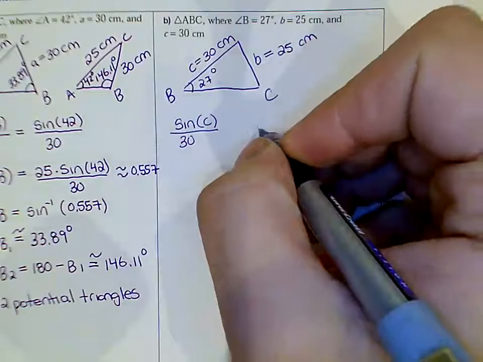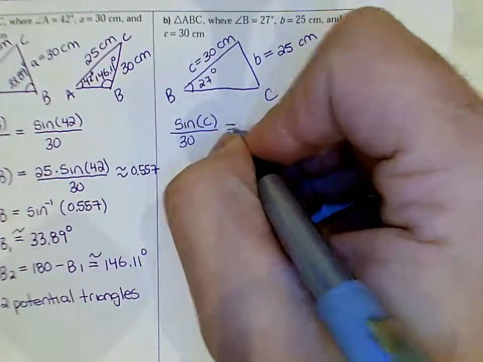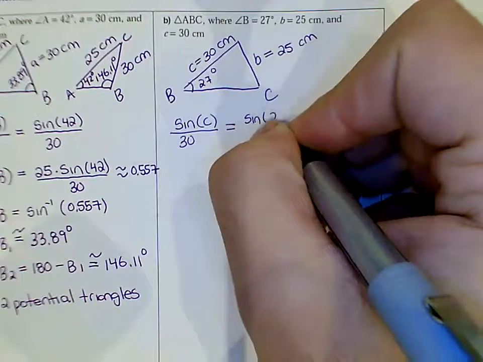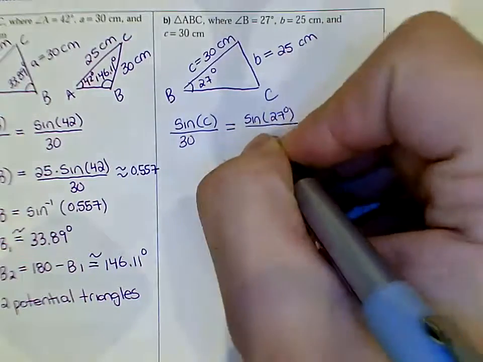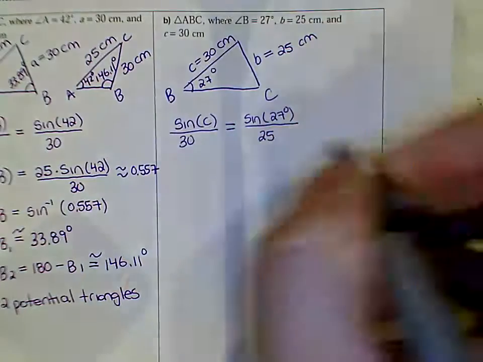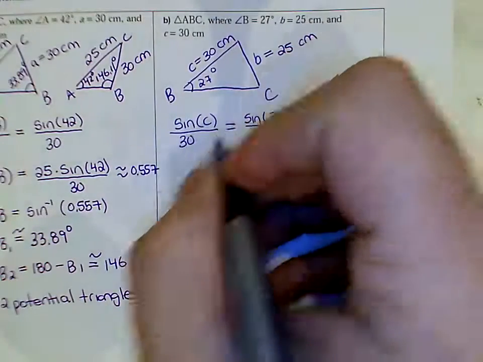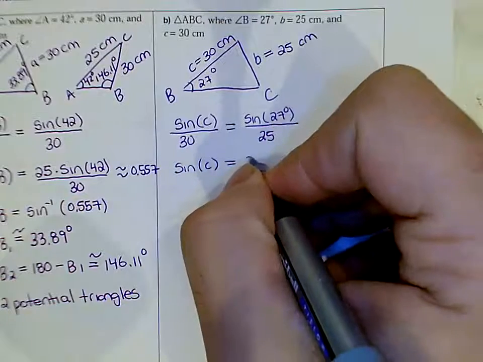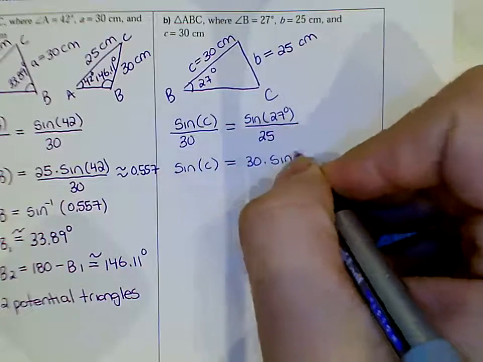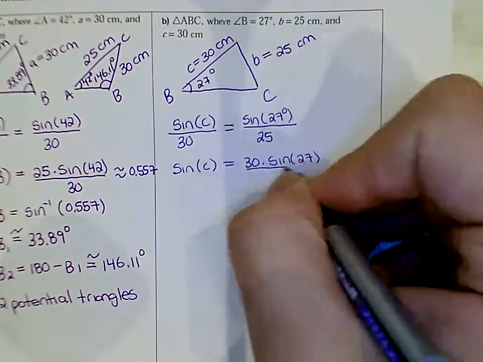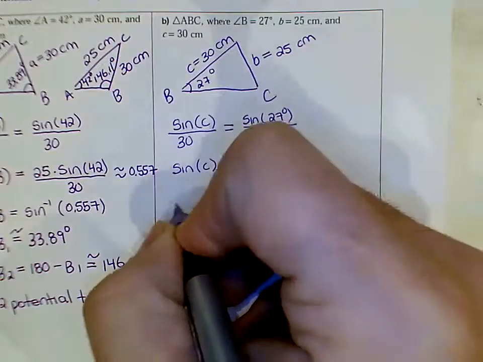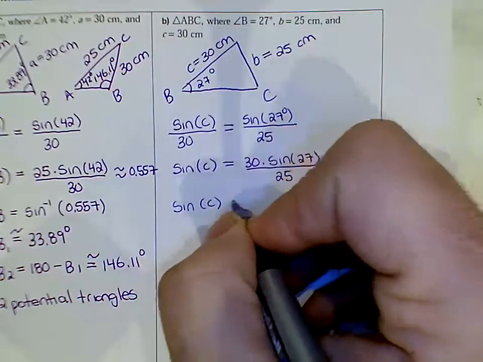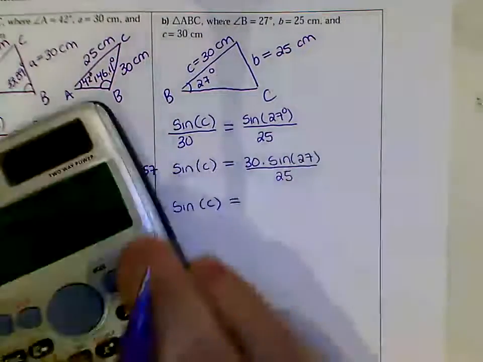So sine of angle C over side C equals sine of angle B, which is 27, over 25. Let's take that 30 over to the other side. Let's evaluate all this.